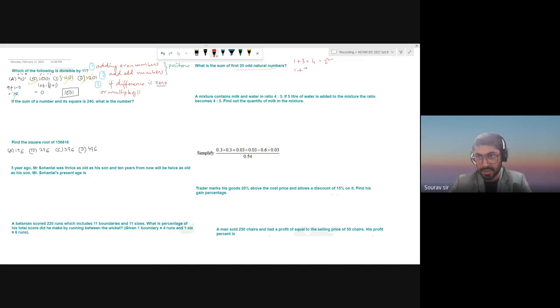Let's add 3 odd numbers. This is 9, this is 3 square. You see the pattern, right? We add n odd numbers, we'll get n square. Now 20 odd natural numbers, so the sum would be 20 square equal to 400.